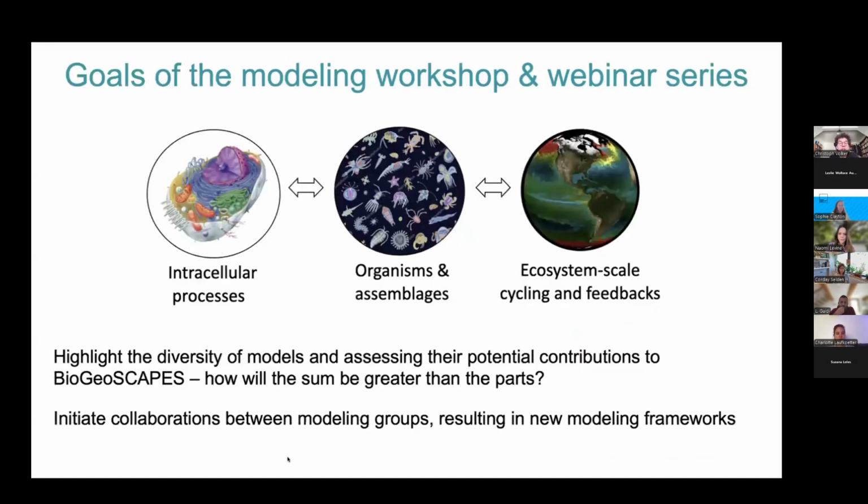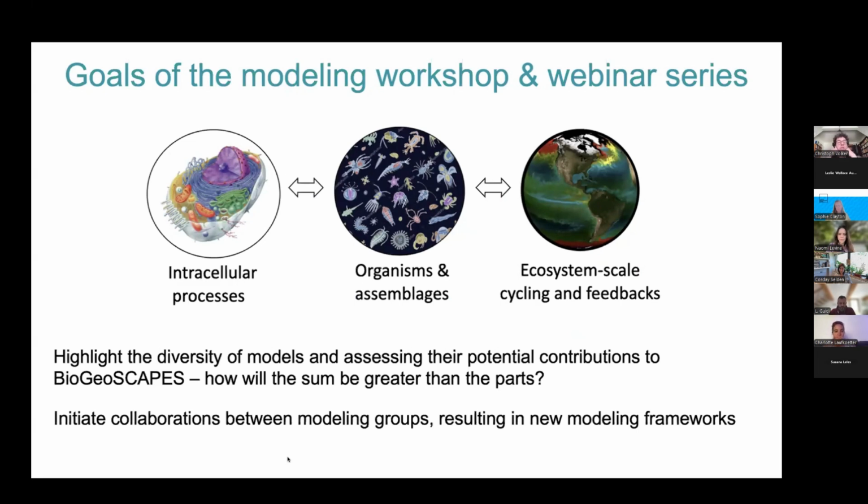And for that, there are basically 3 very different scales that we look at. One important part in our planned increase of understanding is to understand intracellular processes, and for all that, very different models are available. Then we want to go to the larger scale, also to understand organisms and assemblages.